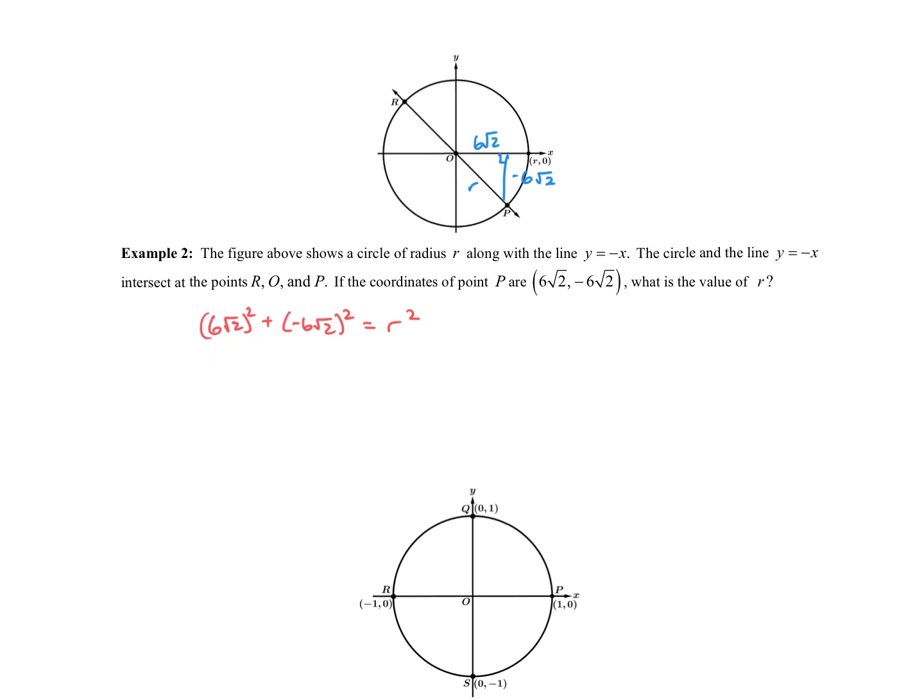So we multiply those together, and what do we get? 72. And then what's negative 6 square root 2 quantity squared? Again, that's 36 times 2, which is 72. That is equal to r squared. And so then we add them together, and what do we get? 144 is equal to r squared. So how do we solve for r?